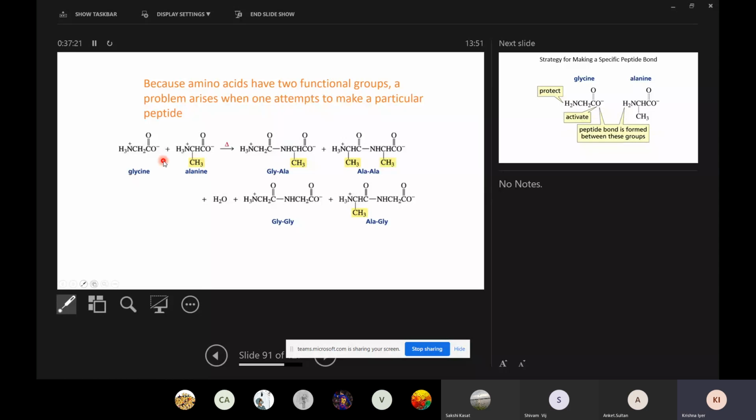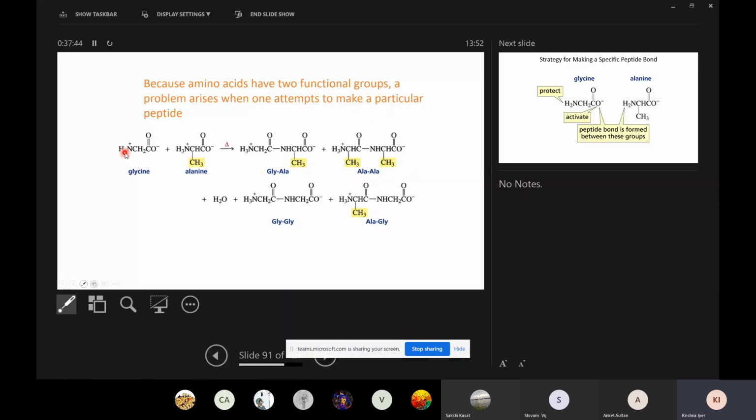When I try to do this in the laboratory in a test tube, because of the presence of multiple functional groups, I have a lot of difficulty in preventing the formation of the other three. Look at what happens in this case. Here, the amino group of alanine attaches to the carboxy group of another alanine to give me alanyl alanine.